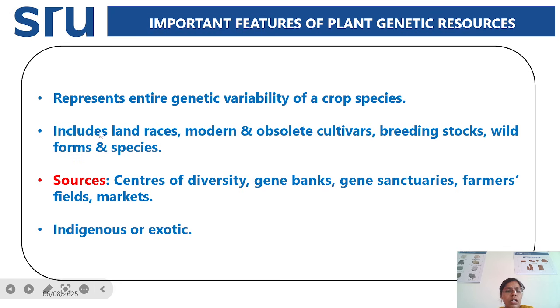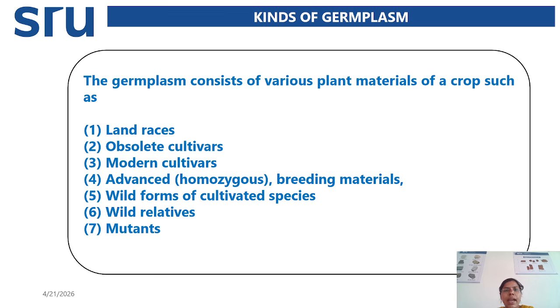It includes seven kinds of germplasm. Next, coming to the kinds of germplasm, generally each crop will have different kinds of germplasm.